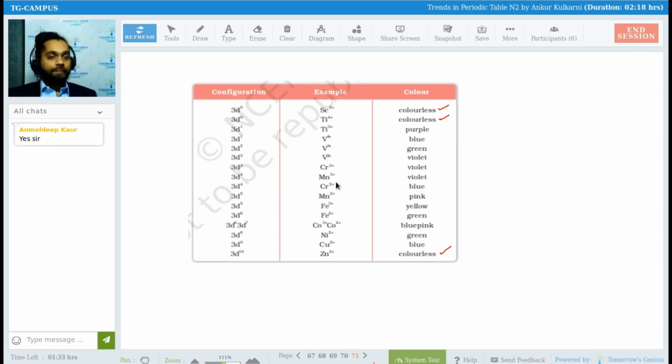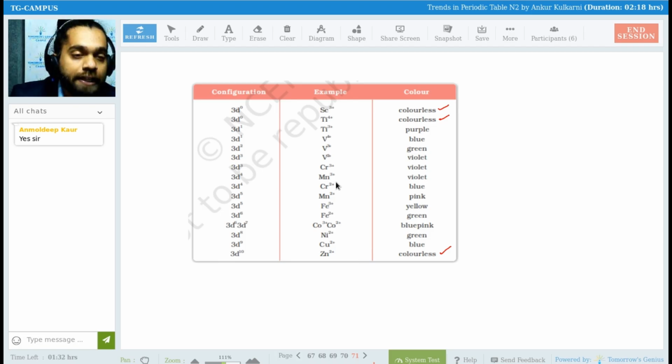Colorless, colorless, colorless. What is common in all of them? Anmoldeep, observe. Sindhuja, Sajna, what is common in all of them?